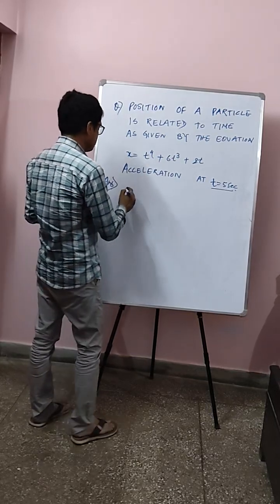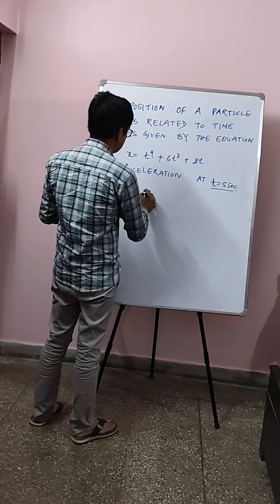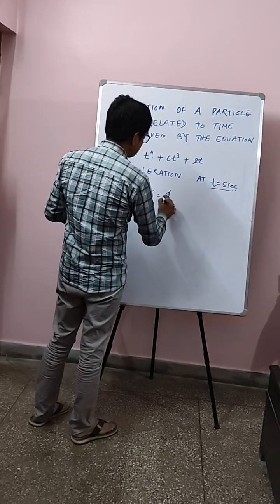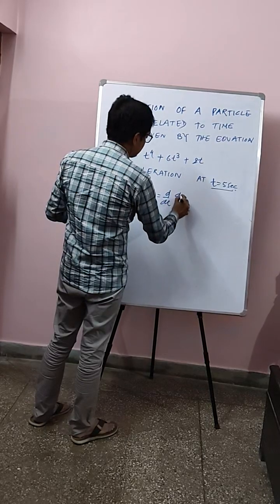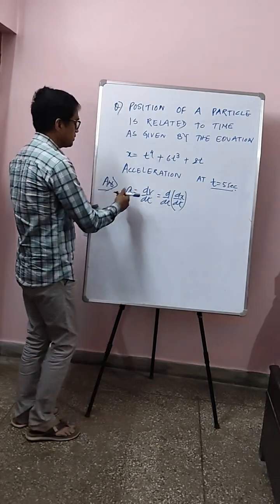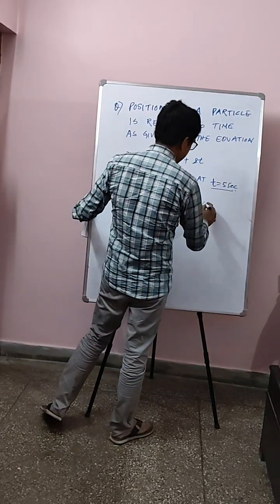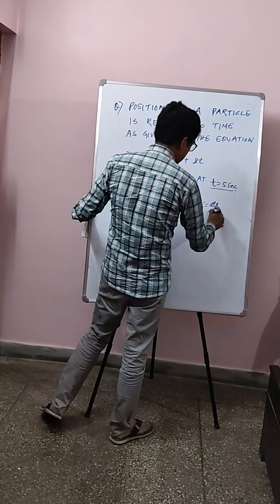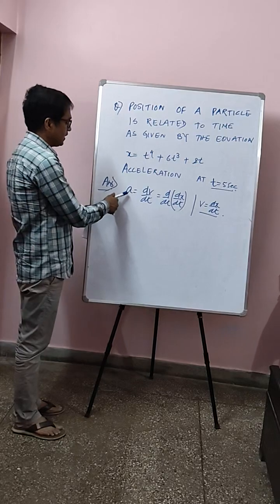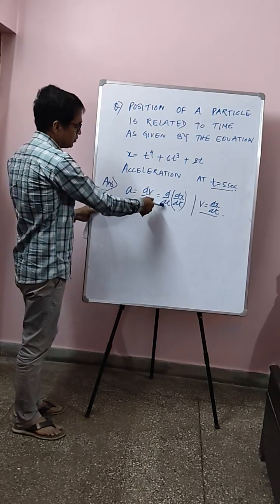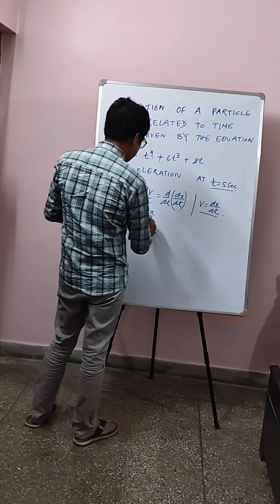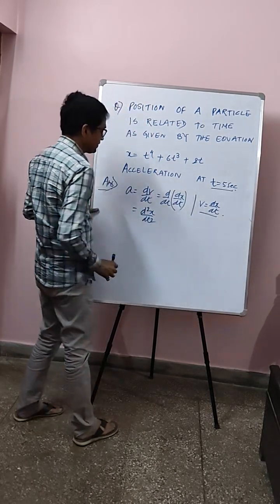So what is acceleration? a equals dv upon dt equals d upon dt of dx upon dt. Velocity is dx upon dt, and acceleration is dv upon dt, or d upon dt of dx upon dt, or this is d2x upon dt square.